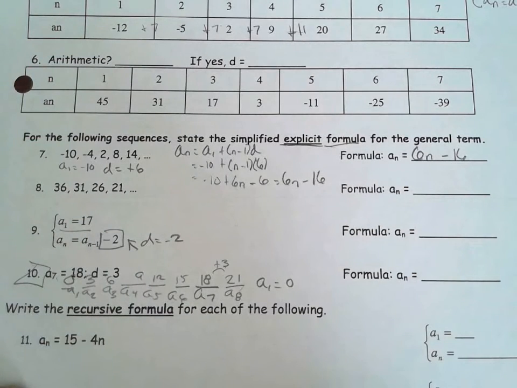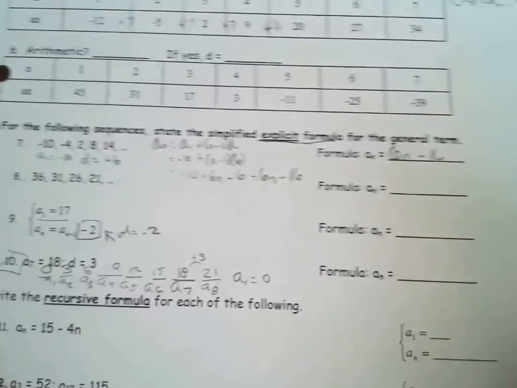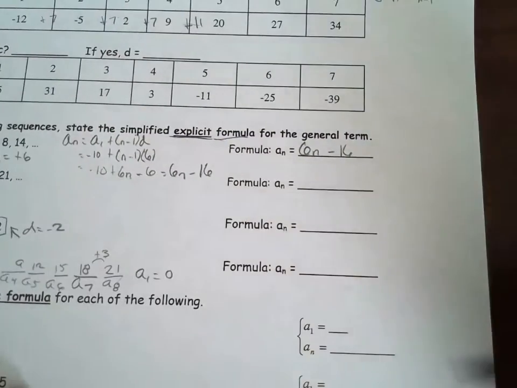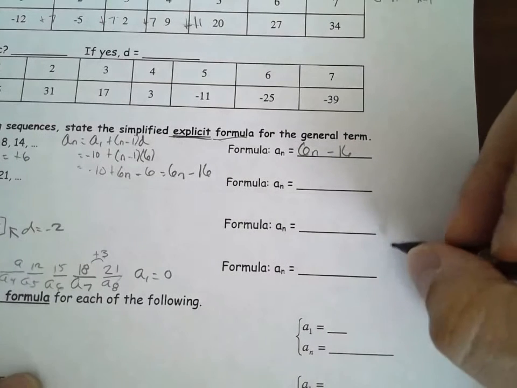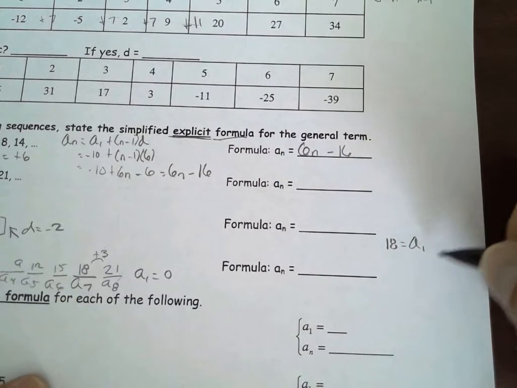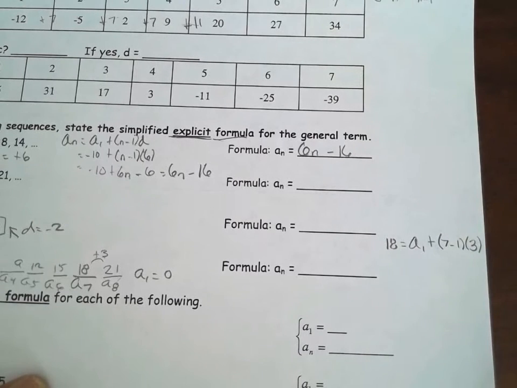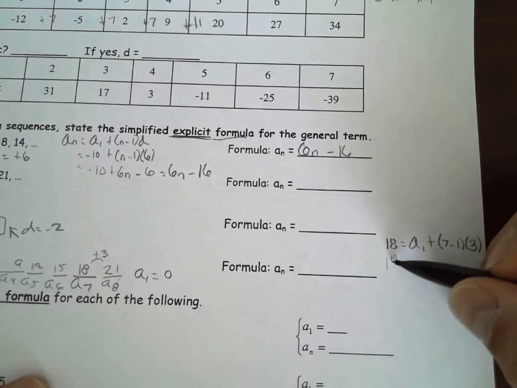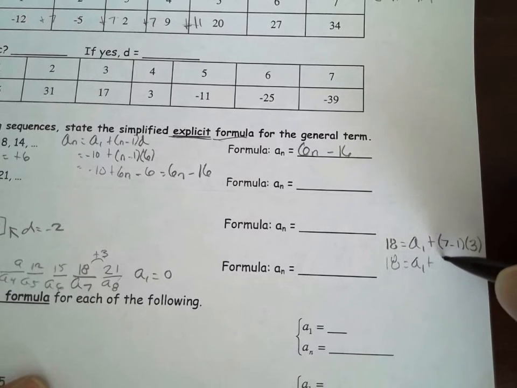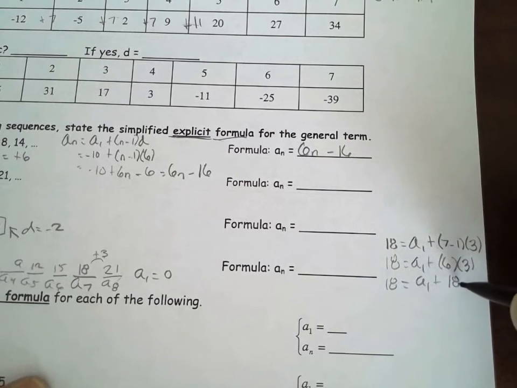Okay. Now, if you needed to do it algebraically, what you would do is say, all right, I know A_7 is 18. So 18 equals A_1, since we don't know A_1, plus 18 was the 7th term. So you'd have 18 equals A_1 plus 6 times 3. 18 equals A_1 plus 18.